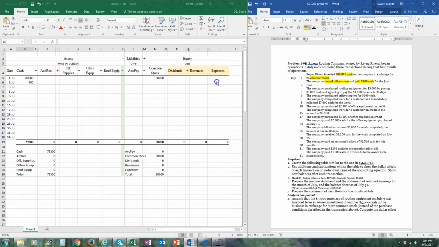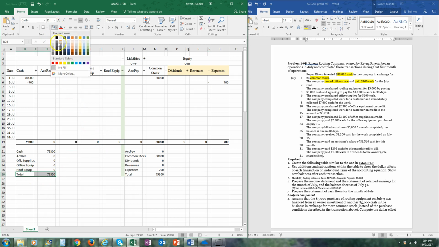When I come over to the expense, I'm going to put the $700 in as a positive number because I need to remember that there is a minus sign built into the equation. Okay. And when we look at the sides, we can see that each side now has the same balance. So right here, we're keeping track of my totals. I'll highlight the totals as they go along. The sides have to stay balanced at all times.